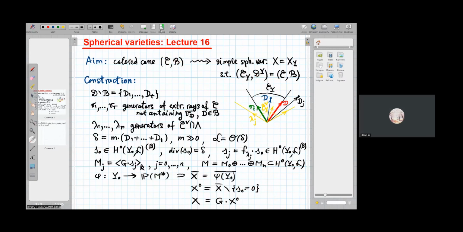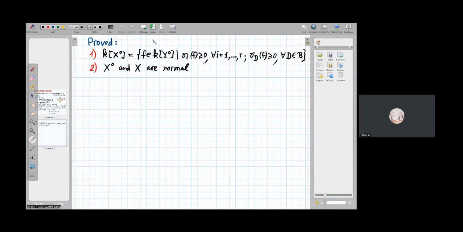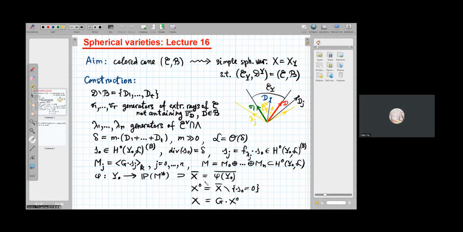So what we already did in the course of the proof, we obtained a description of the coordinate algebra of this affine B-stable open subset X upper naught. Formally, this coordinate algebra is generated by rational functions in the set M divided by S naught.